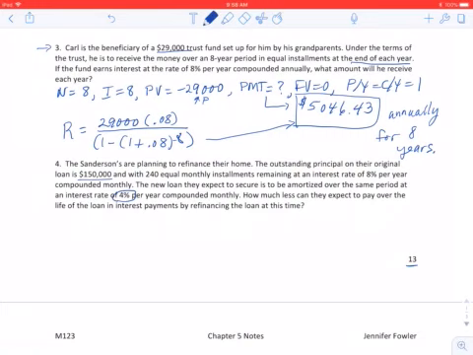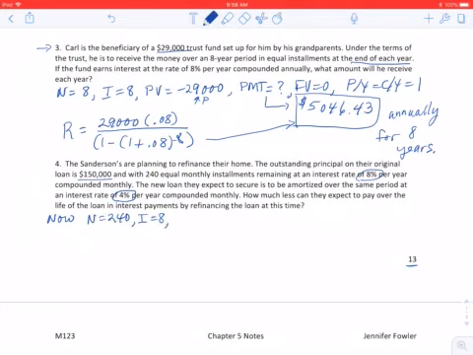So the only thing that changes is the interest rate. How much less can they expect to pay over the life of the loan in interest payments by refinancing the loan at this time?